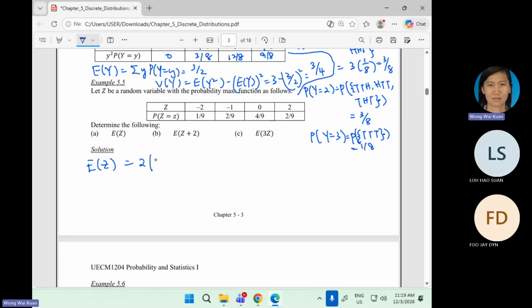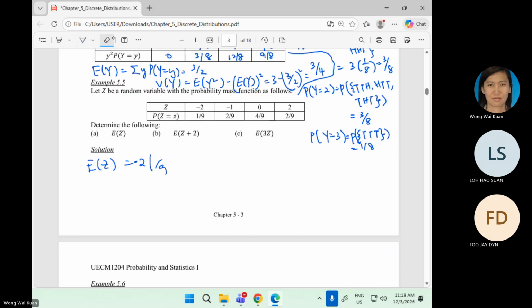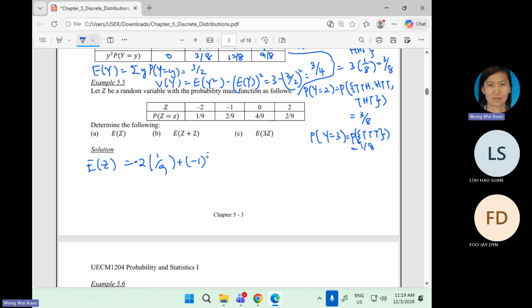So it's negative 2 times 1 over 9, plus negative 1 times 2 over 9, plus 0, plus 2 over 9 times 2. So what do you get? Zero, right?